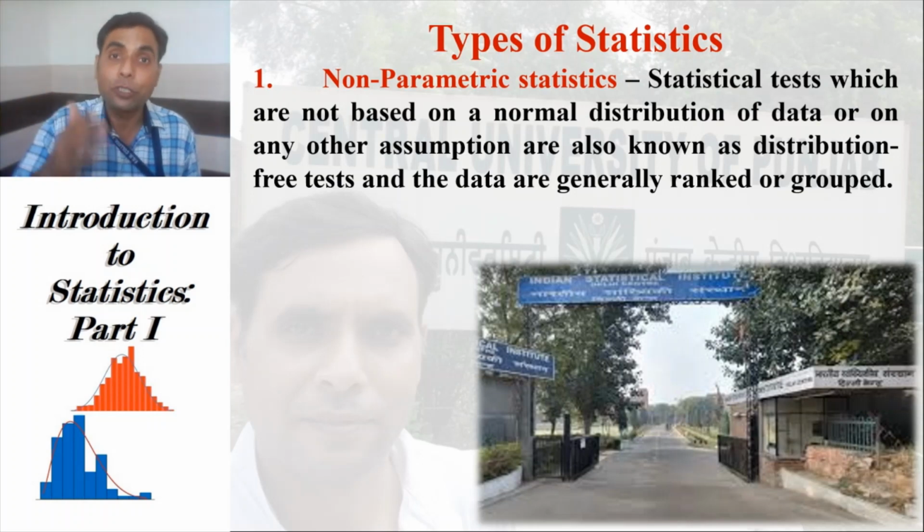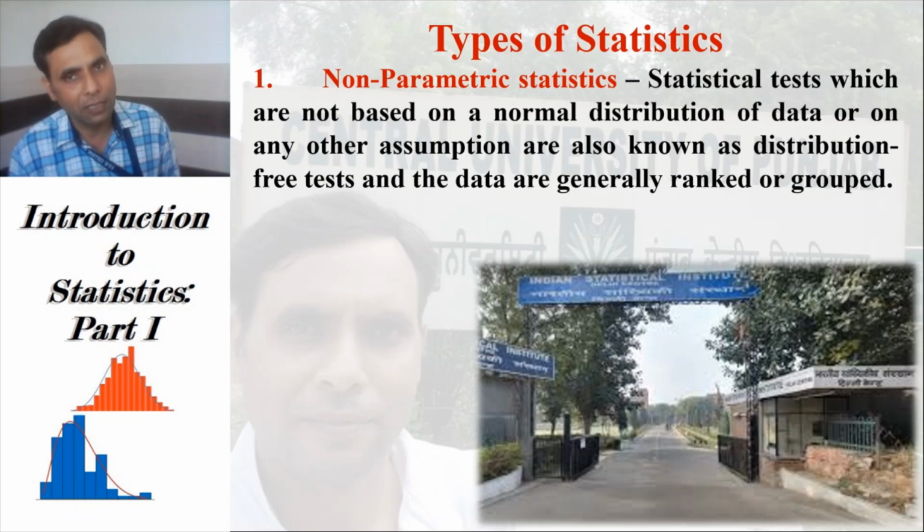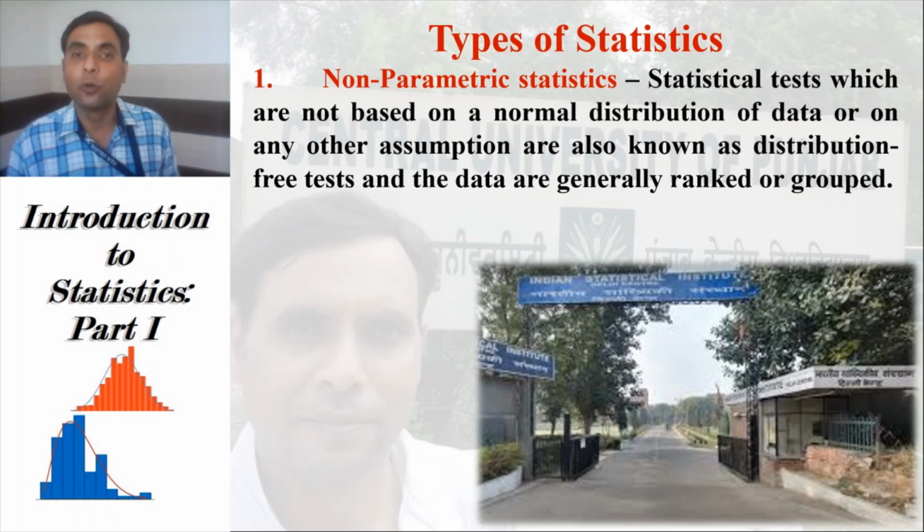It is used where your data is in ranks or in groups or in order. When the data is in ranks, order or groups, at that time we administer non-parametric statistics.